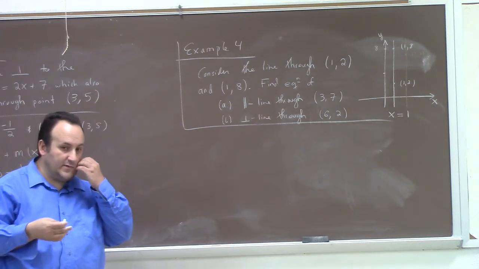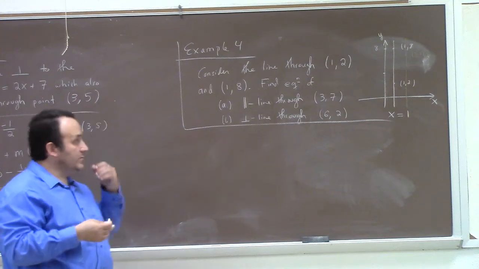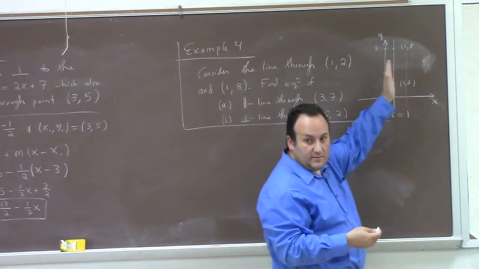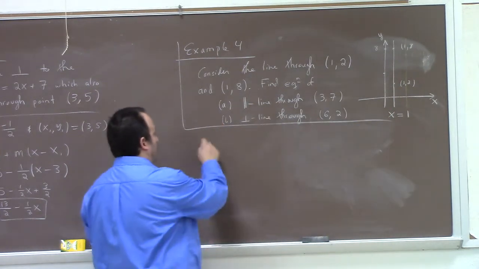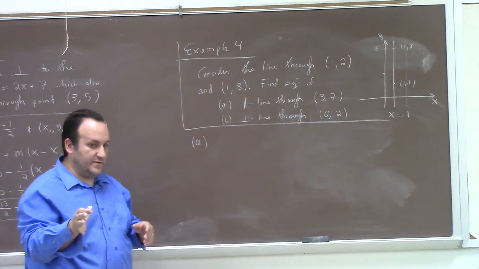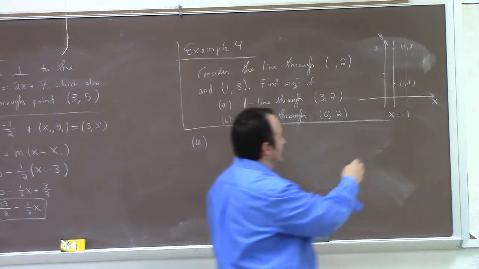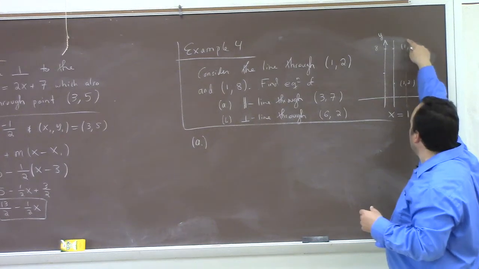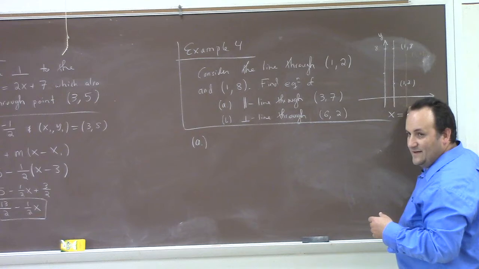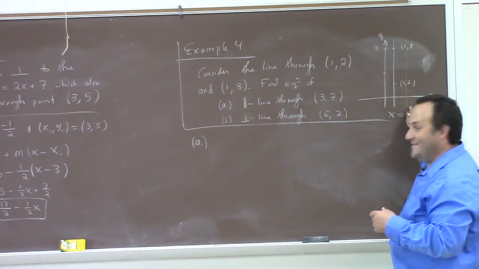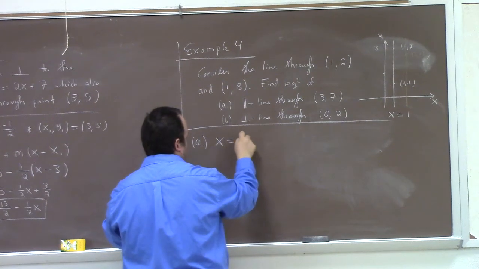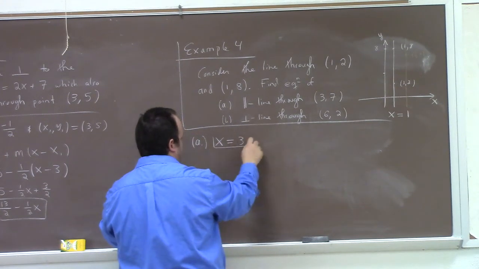We want the equation of the line that goes through (3, 7). Look back up here, see if you can figure it out. So what would the equation of this line be? X equals 3, that would be the answer here.